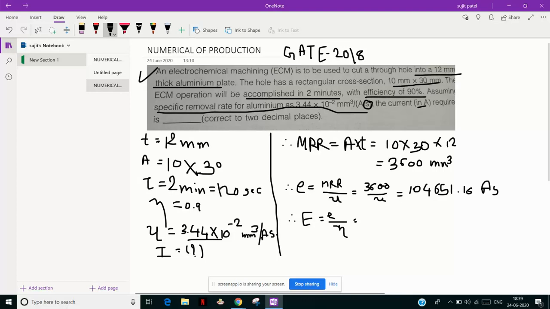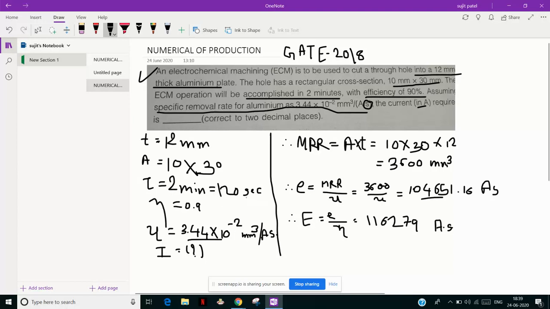And when we are concerned with output of any process or any system, at that time efficiency is multiplied. Okay. So just dividing this by efficiency 0.9, we are getting the energy required is 116279 ampere into second.